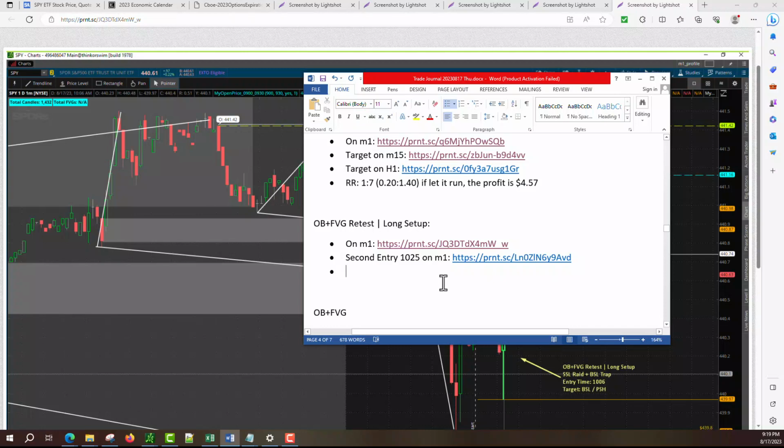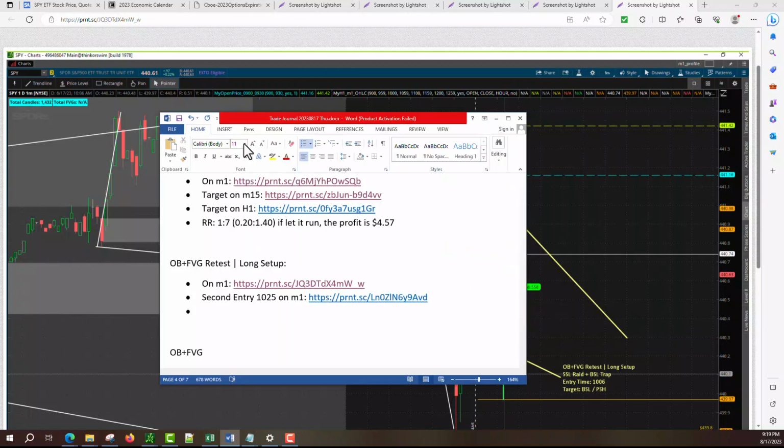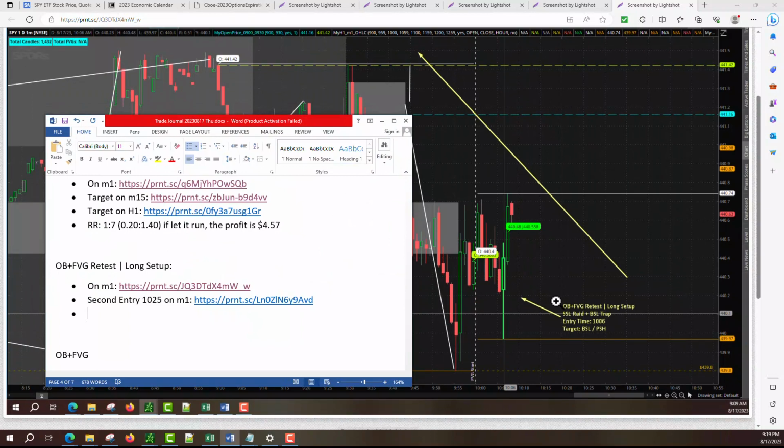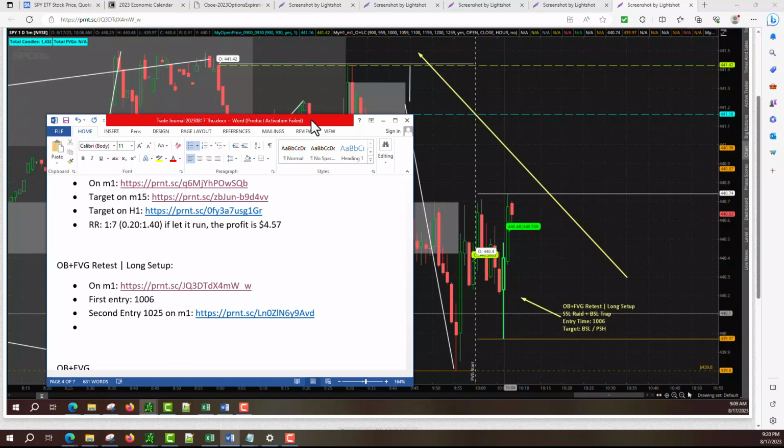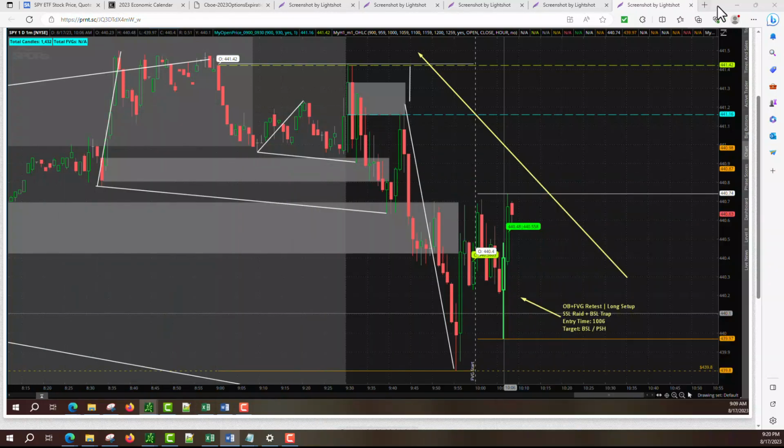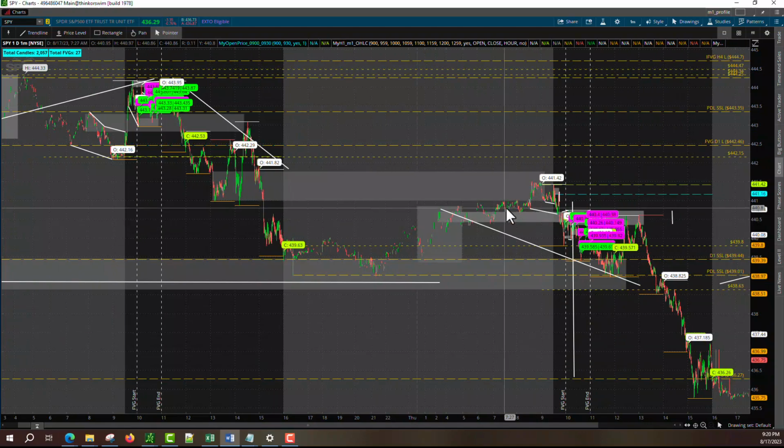The second entry, 10. So what was the entry on this one? 10.06, right? Okay. So look at the chart, right? 10.06.